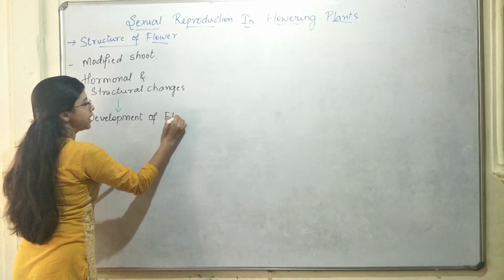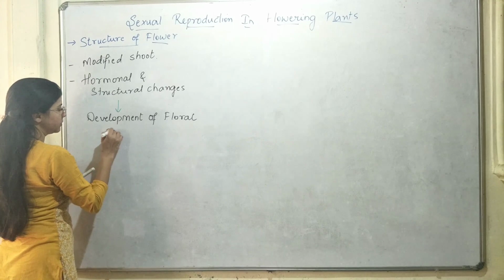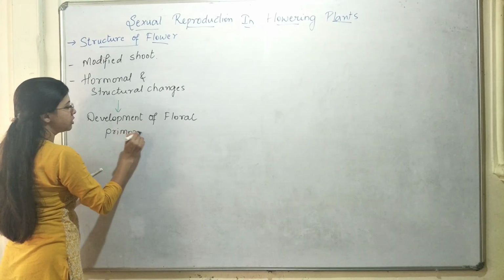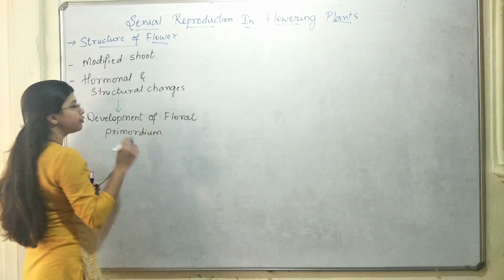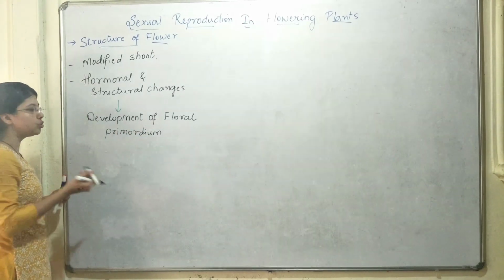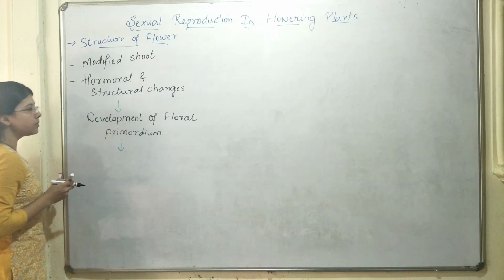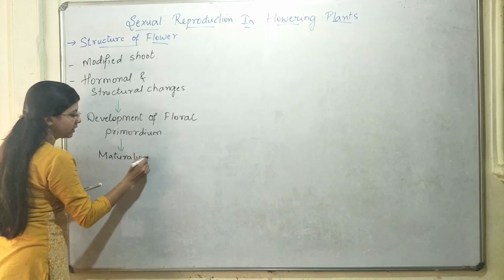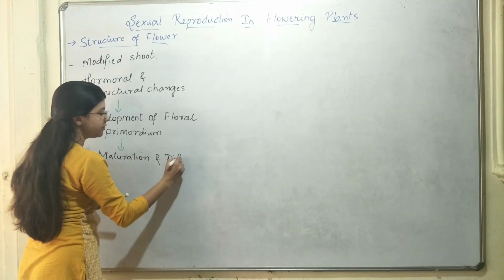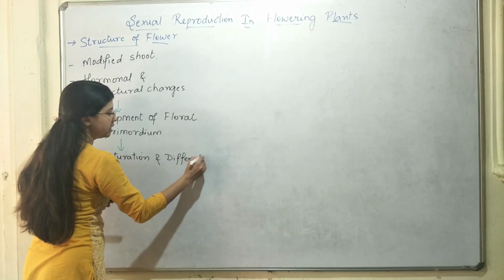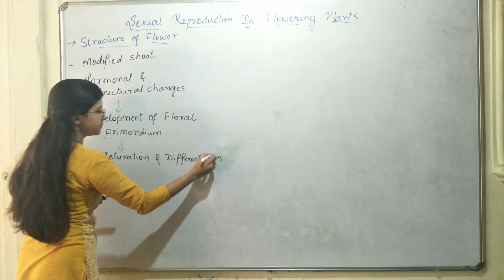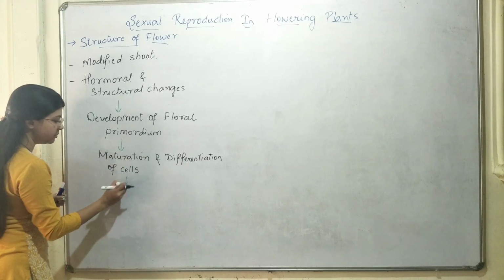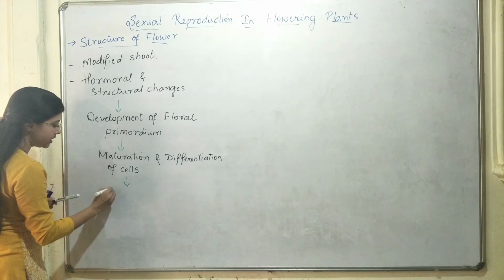the floral primordium. Floral primordium is that part from where exactly the flower is going to be formed. Now when this floral primordium matures and differentiation of cells takes place, what is going to happen ultimately?